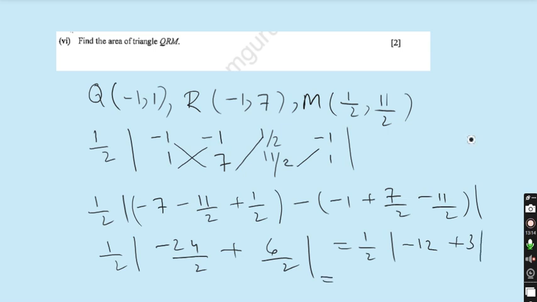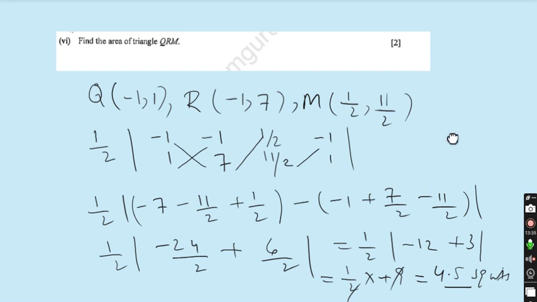Minus 12 minus 3 is minus 9. 1 upon 2 and minus 9 becomes plus 4.5 because area is a positive quantity. So the answer is 4.5 square units. Lengthy question but very easy.